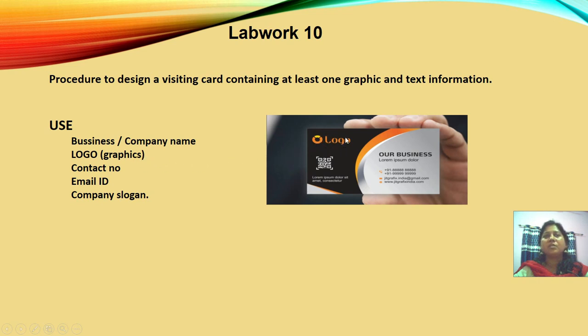Here the logo is to be placed. Then you have to specify your contact number, your landline or mobile number, along with your email ID and your website. The main important thing is the company slogan. You have to write a short note related to your company, that is called your company slogan. Here you have to place the company slogan.